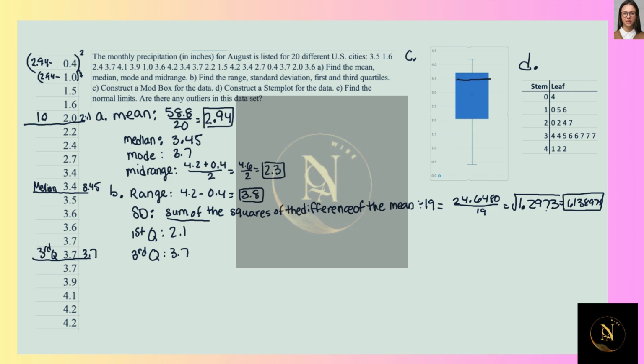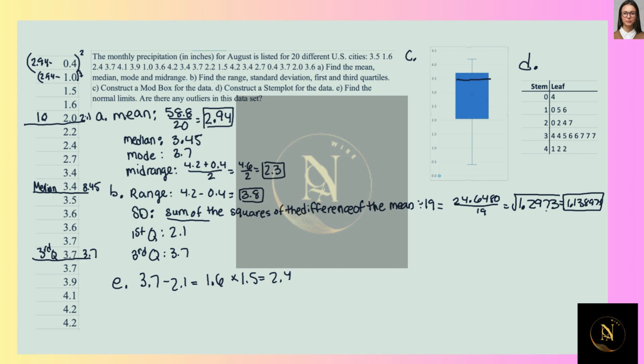Then E says it wants you to find the normal limits. Are there any outliers in this data set? So for E, to find out if there were any outliers, I took 3.7 and subtracted 2.1. So I subtracted my first quartile from my third quartile, and I got 1.6. Then I multiplied that by 1.5, and I got 2.4.